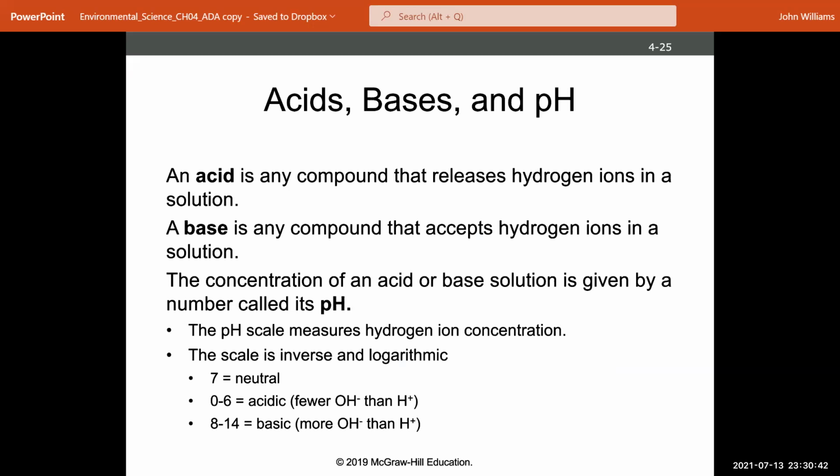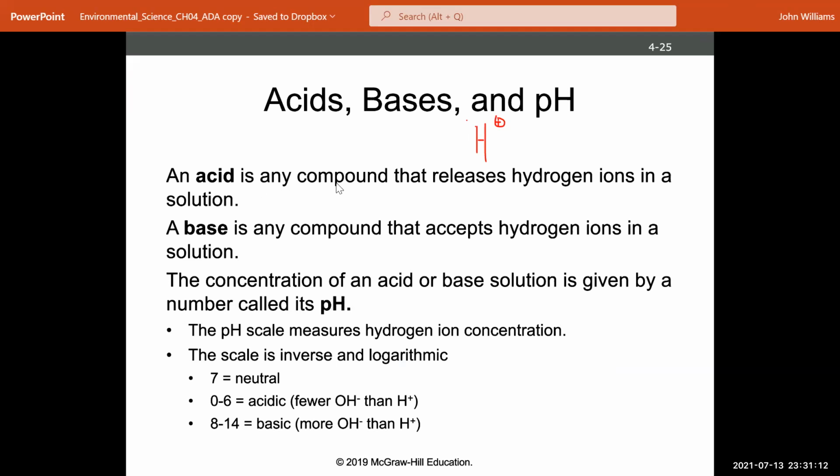All right, so what we're going to talk about next are acids, bases, and the pH scale. So in, say, a solution of water, you can have hydrogen ions. Okay, so a hydrogen ion would just be a hydrogen atom, right? And they generally have a positive charge.